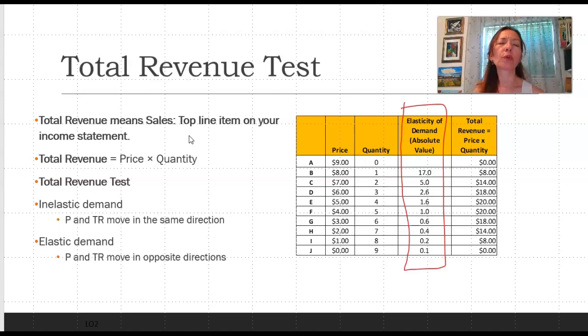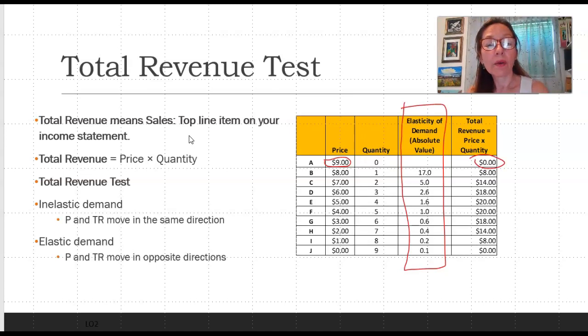So what we're going to do is calculate the total revenue at each price point along our demand curve. At point A, we had a price of $9, but at $9, we didn't sell any product, 0. So 9 times 0 is 0 right over here.